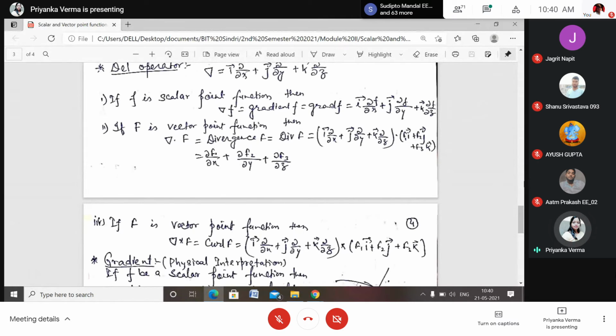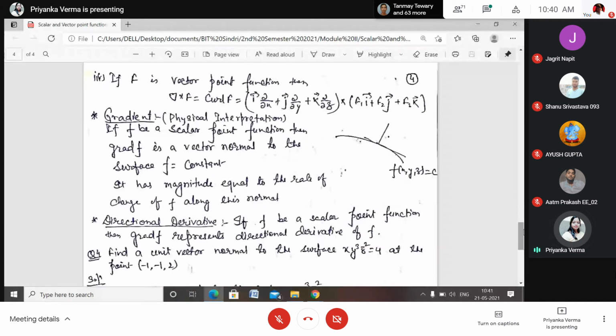Now, what is the physical meaning of gradient? The physical interpretation is, if f is a scalar point function and it is represented by, suppose, a surface f(x,y,z) equal to c, then grad f represents a vector which is normal to the surface.